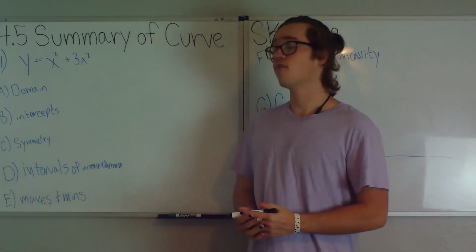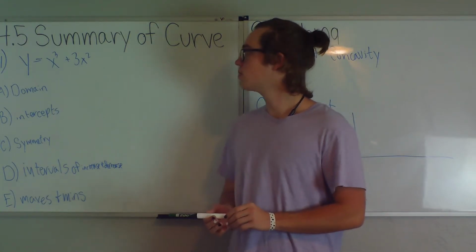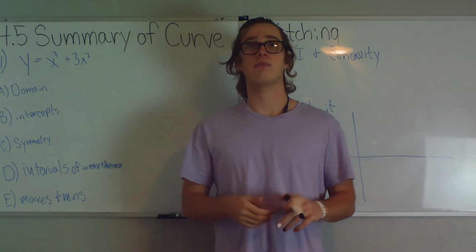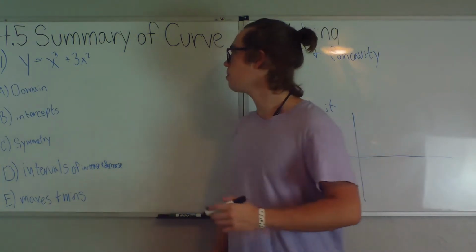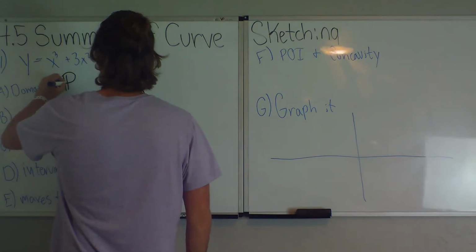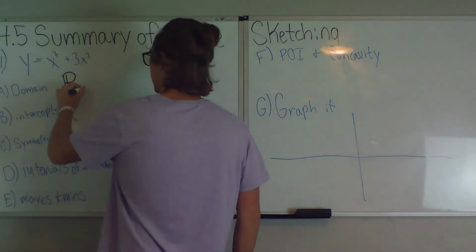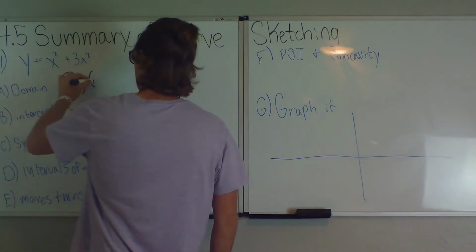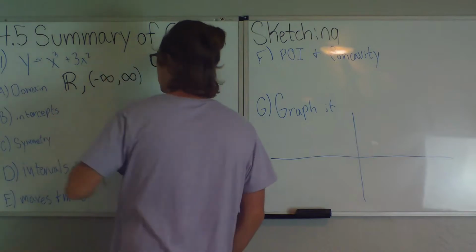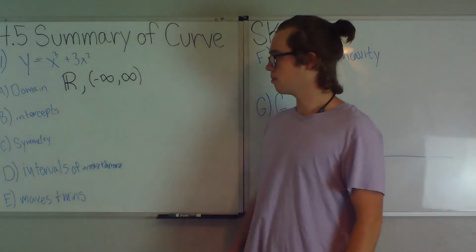We don't have any fancy functions, we just have a polynomial, and the domain of it is all real numbers. So, I'm just going to write this fancy R. But you could also write it as negative infinity to infinity. You could write that as well, but it's all real numbers.